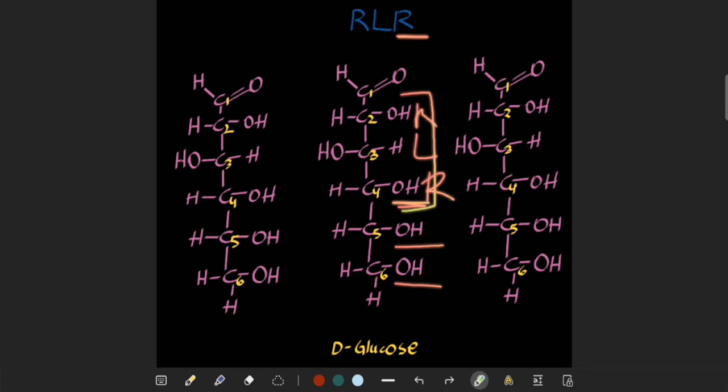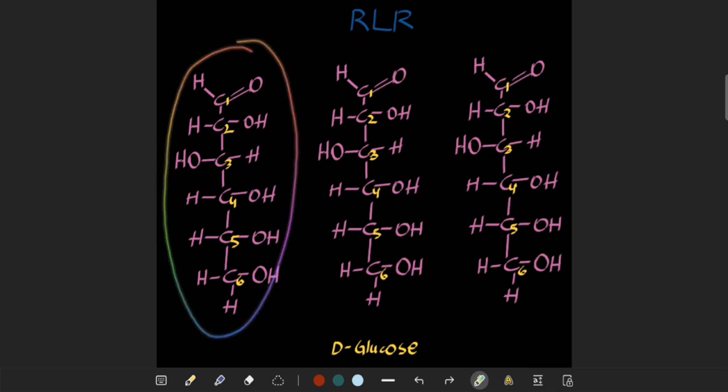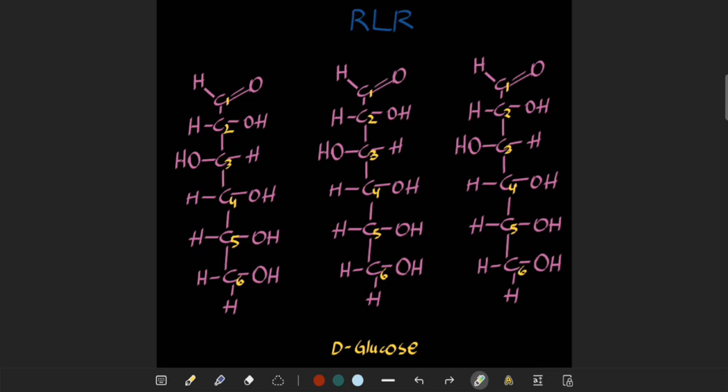Now let us see what an epimer looks like. This is also a glucose, but I'm going to make a slight change. I am going to take this second carbon, and as you can see, in the second carbon we have an OH group, right?